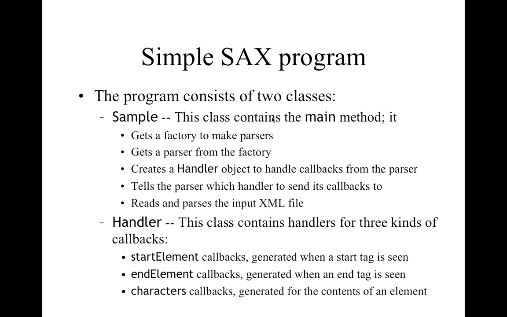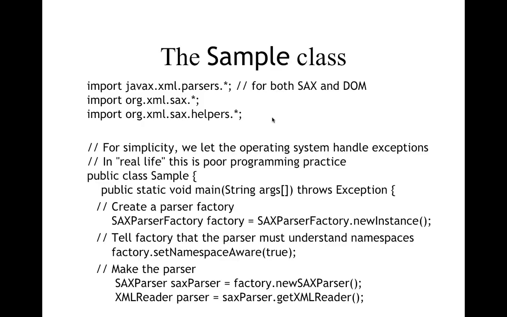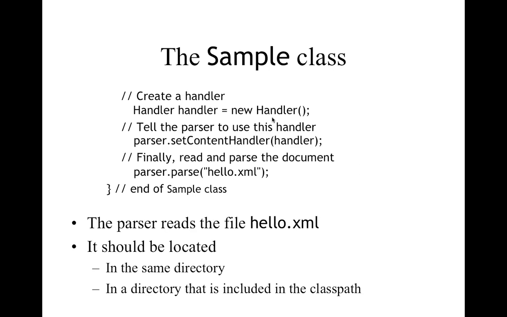So, the handler, what does it do? This class contains handlers for three kinds of callbacks: start element, end element, and character callback, generated for the content of the element. Then a sample class, similar to how we did. We're going to parse that, and the parser reads the file, which should be located in the same directory.